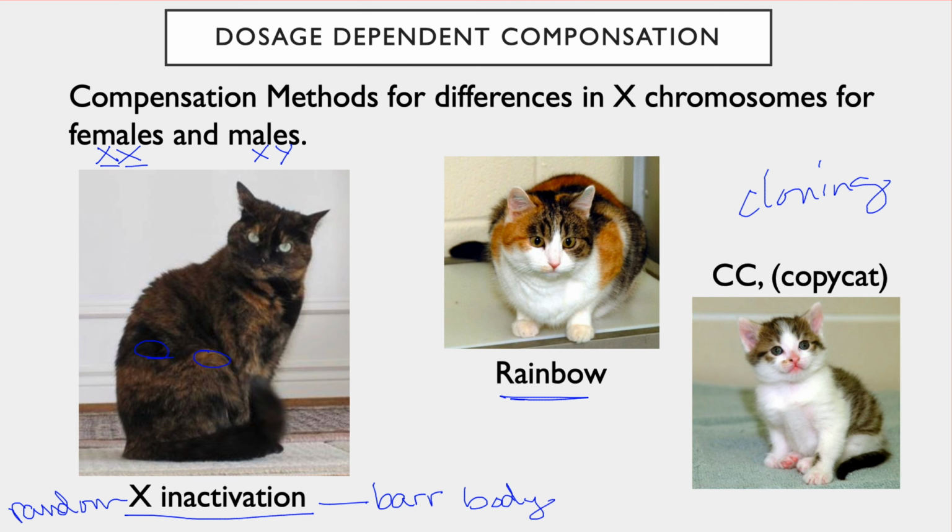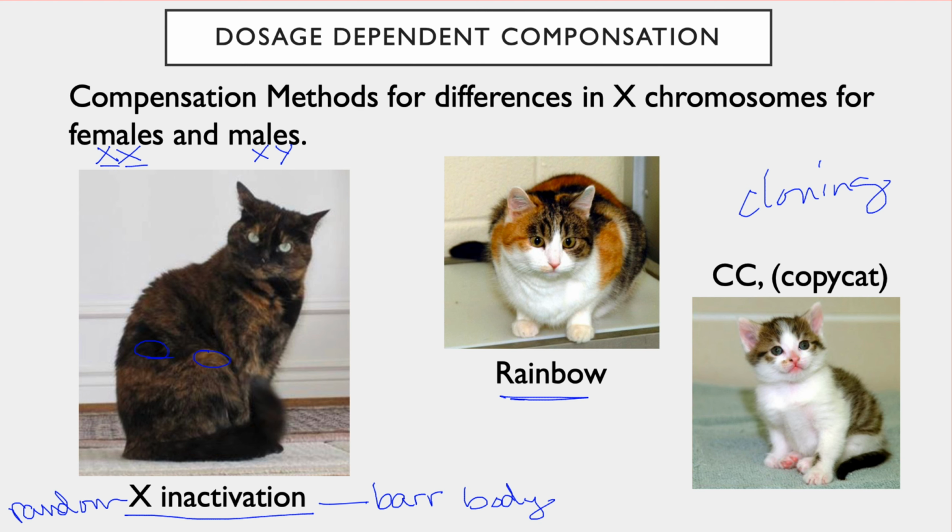If you look at these two, this is supposed to be a genetic clone of Rainbow. Well, they don't look exactly alike. If you sequence their genomes, they have the exact same genome.